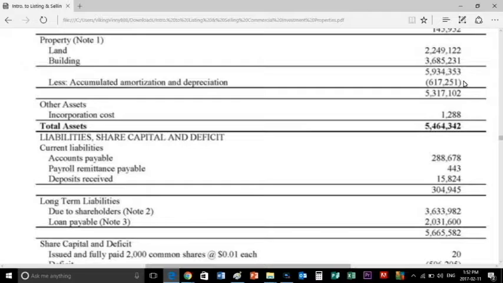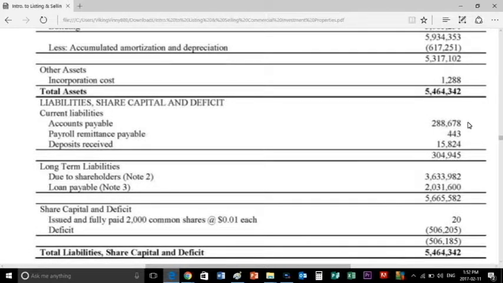And that comes out to a total of, because we're minusing that from 5.9 million plus, $5,317,102. So other assets, we have an incorporation cost, $1,288. Total assets, $5,464,342. So liabilities, share capital and deficit.